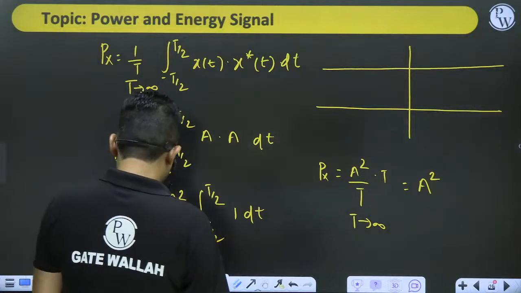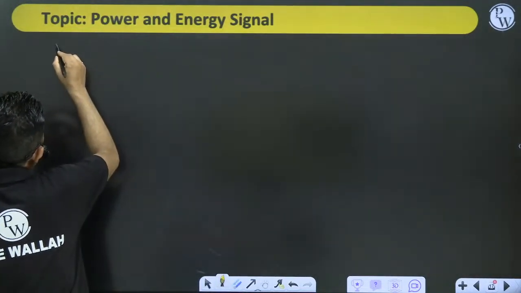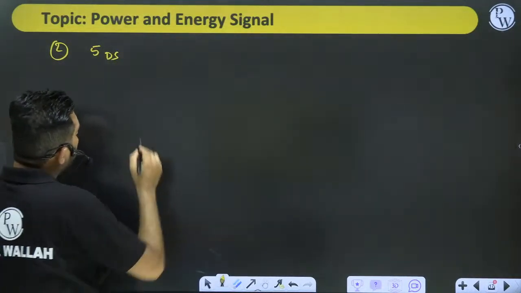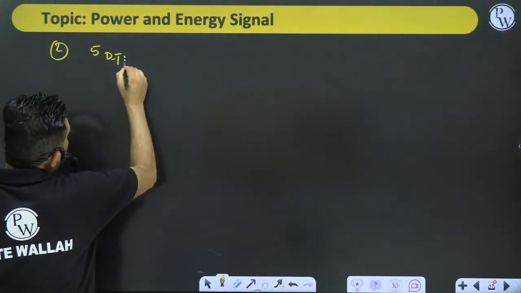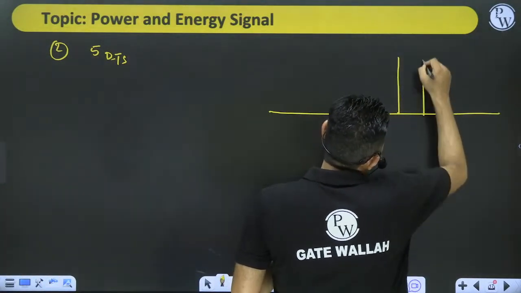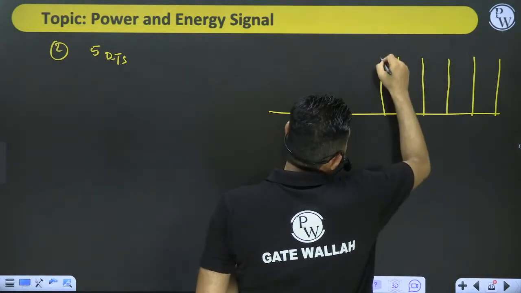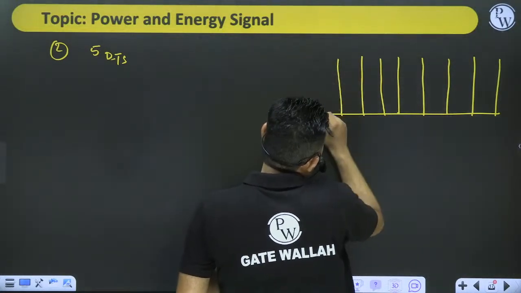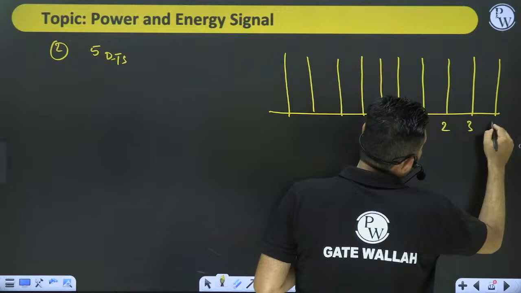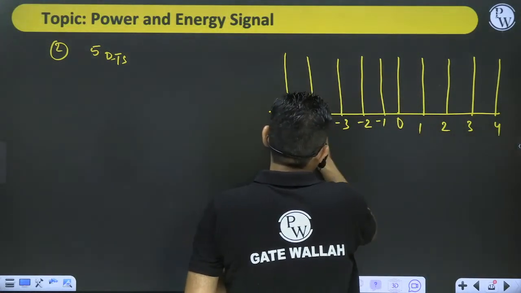Let's talk about this one, 5 in DTS. Second one is 5 in DTS, mind. How will you write a constant in DTS? See, it is the same. It is this one, constant everywhere. This is 0, this is 1, this is 2, 3, this is 4, this is minus 1, minus 2, minus 5 and so on.